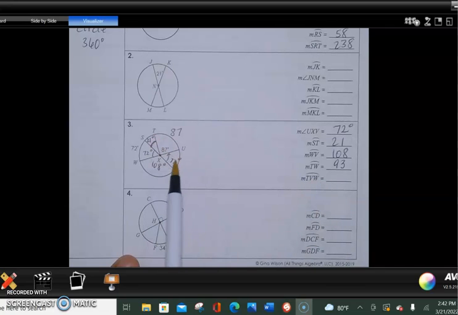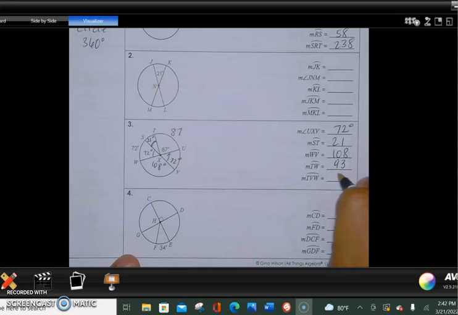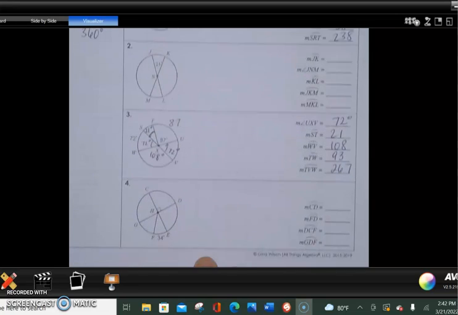So T to V, which is here, so T to V all the way to W, so I'm going to add 87, 72, and 108. 87 plus 72 plus 108, 267. All right, so again, have fun with that.